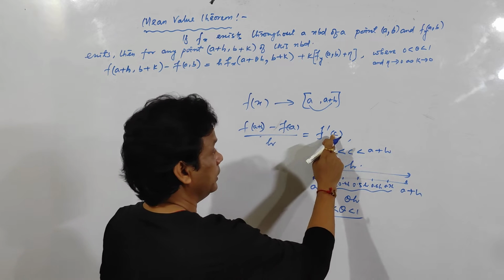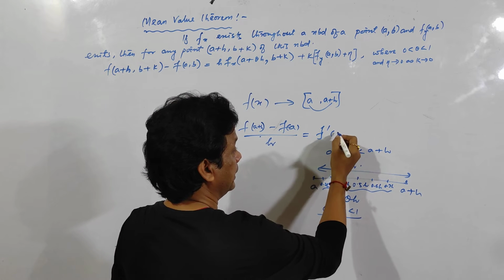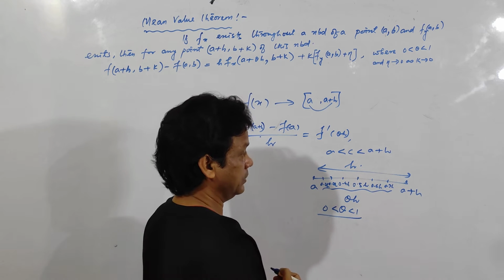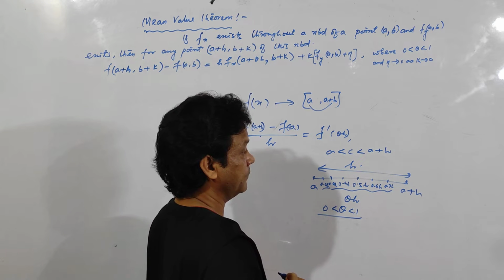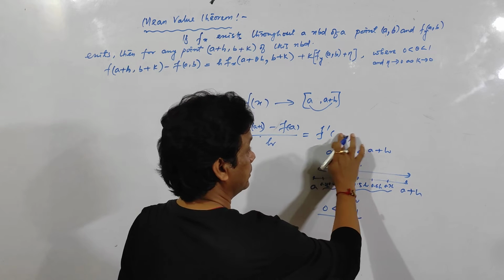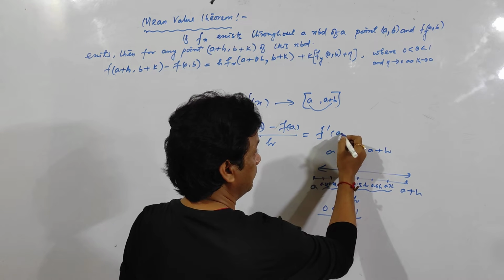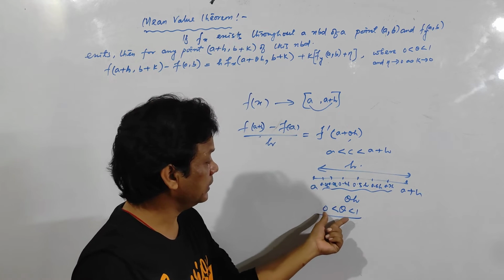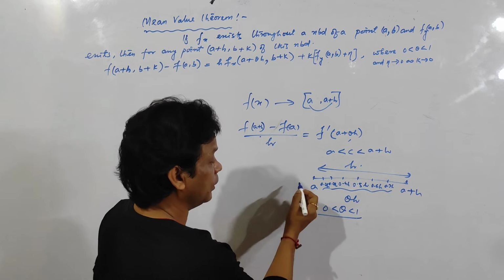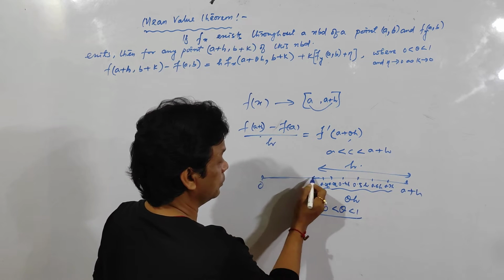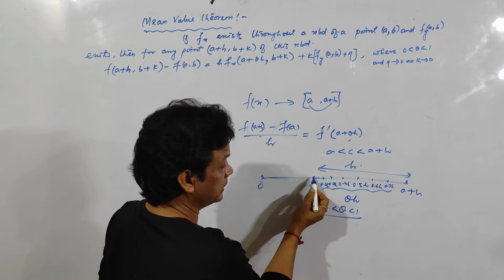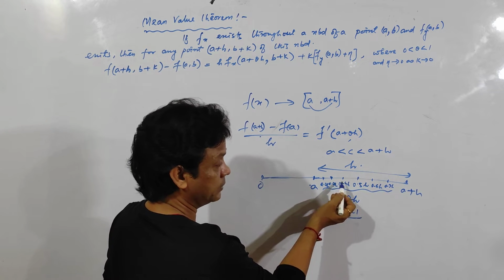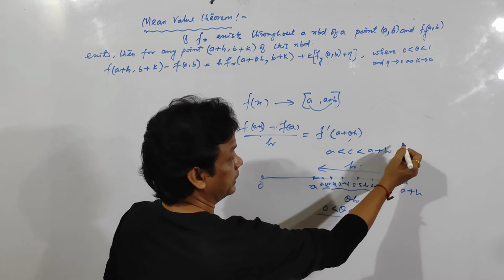So here in place of c, I can write a plus theta h, since it starts from a, so f dash of a plus theta h. Clear? Then theta lies between 0 and 1. Up to this point it is a, then this point is a plus 0.2 h, this is a plus 0.3 h, this is a plus 0.4 h, like this.